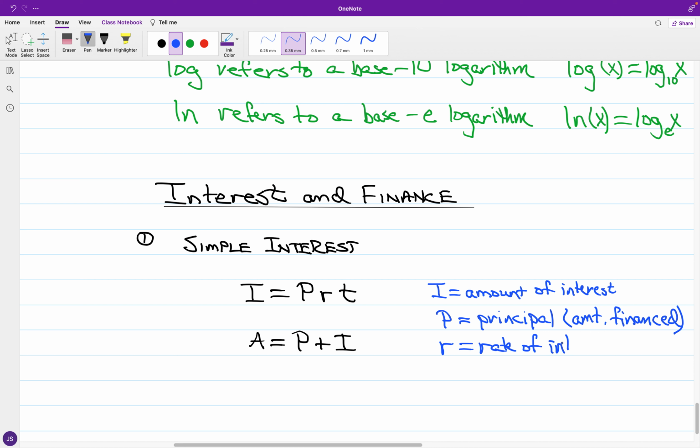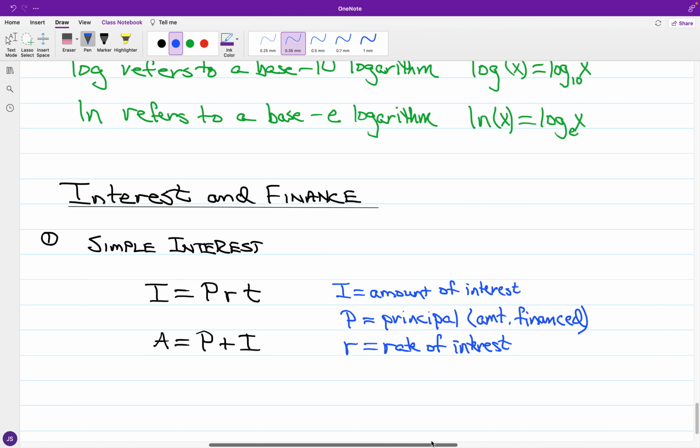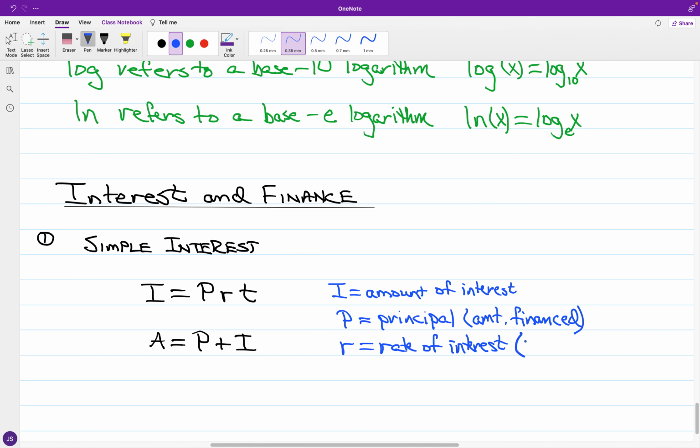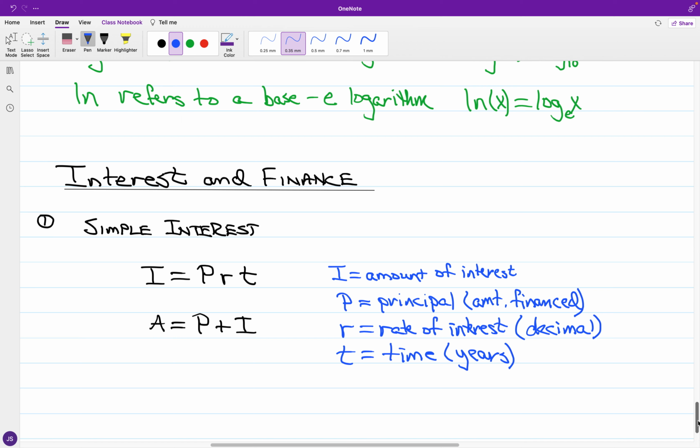R is going to be the rate of interest, and this is going to be in terms of a decimal only, without the percent. T is going to be the amount of time in years. And A is going to be the future value.